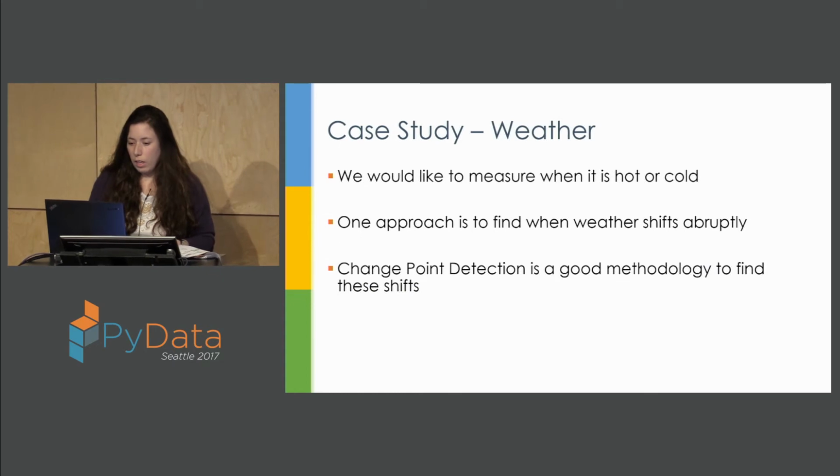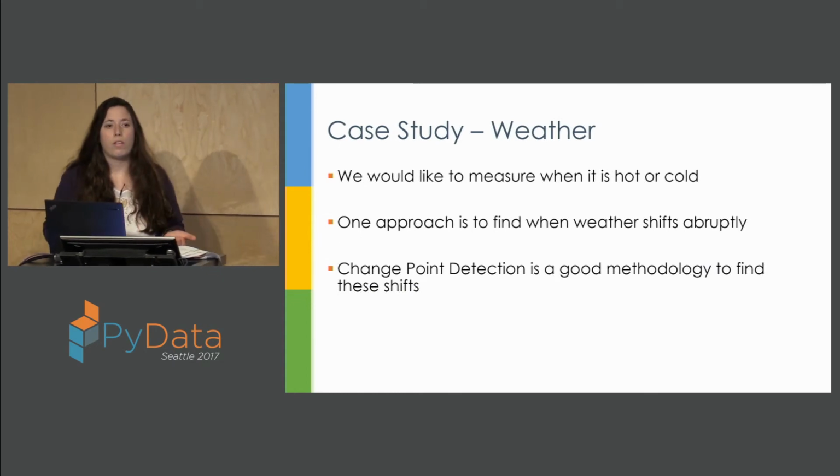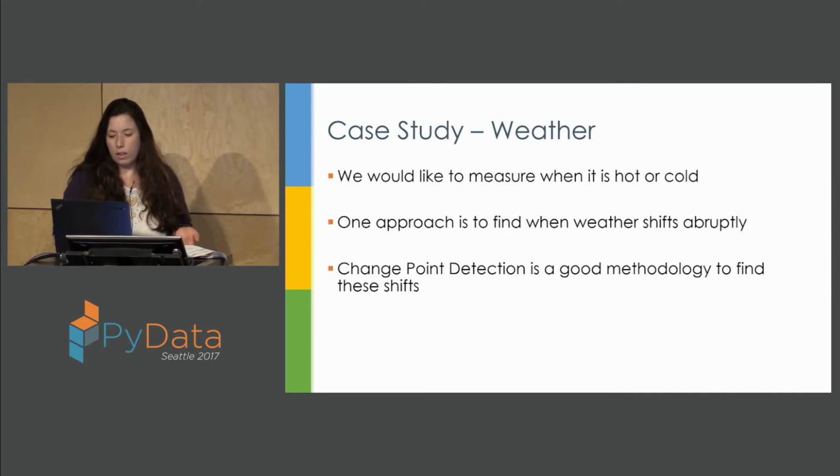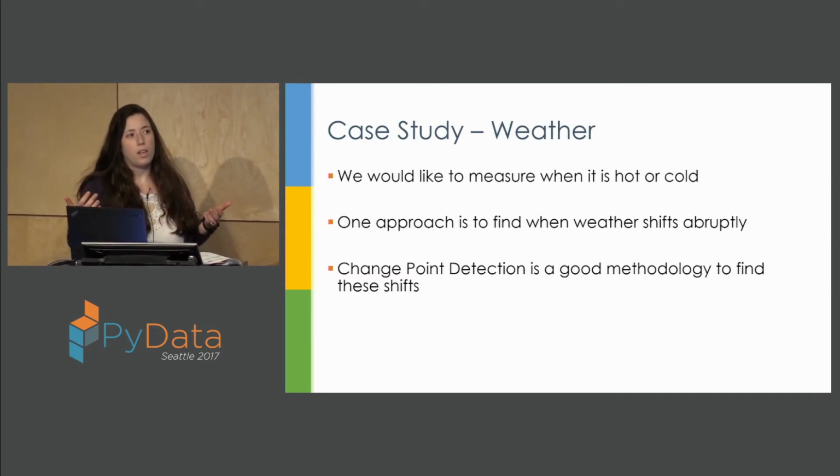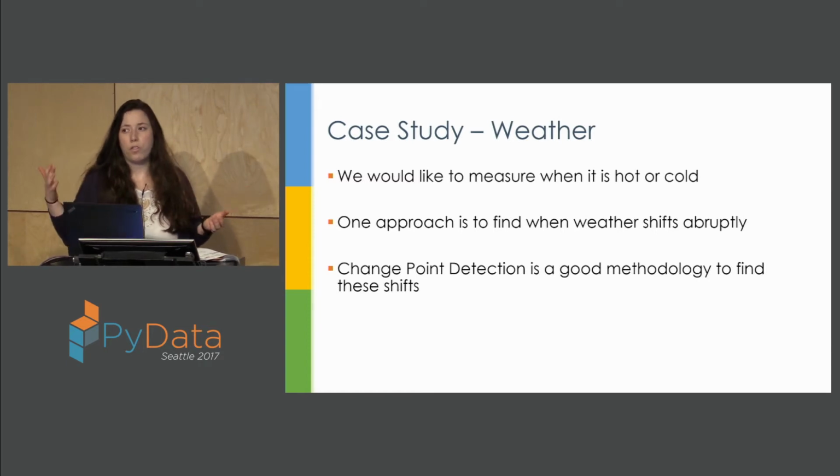So a case study I looked at is weather. In my company, we look a lot at weather and how it changes consumer behavior and sales. One way to look at weather is to look at the number of standard deviations from the mean, if people perceive something to be hot or cold.